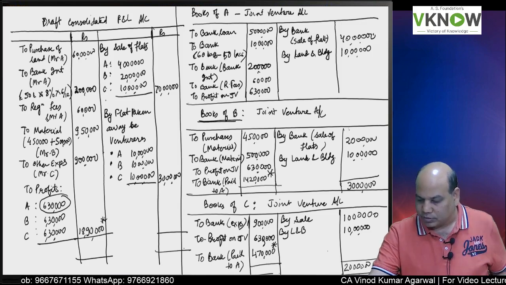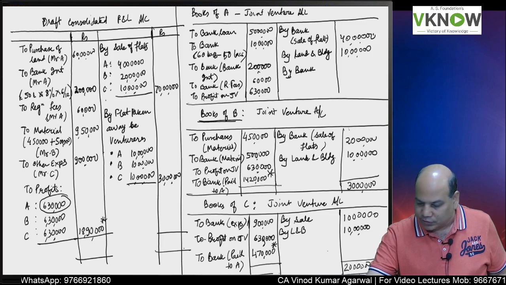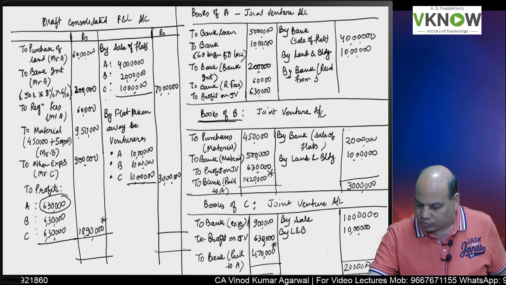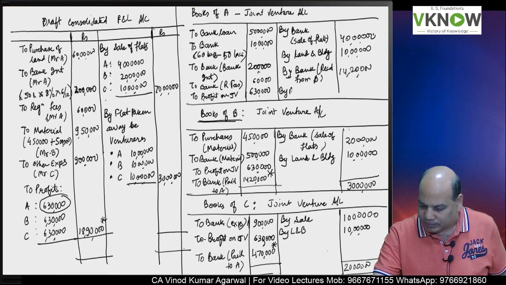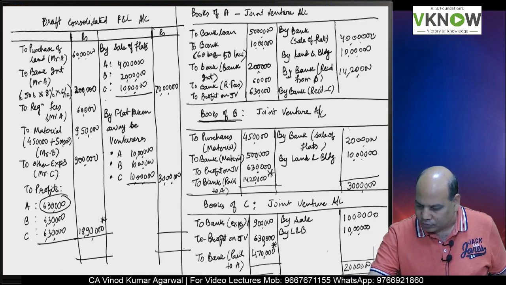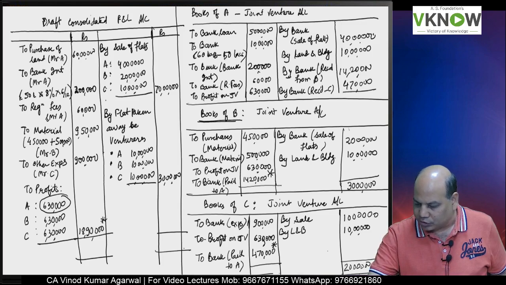In the books of A, joint venture account on the credit side, by bank received from B, 14 lakh 20,000, by bank received from C 4 lakh 70,000. This is how the accounts will be closed.